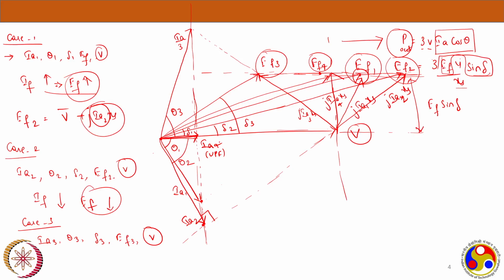This is IA4, which is unity power factor. The bottom IA1 and IA2 have a lagging power factor, and IA3 here has a leading power factor. So for variations in excitation IF, I can see the variations in the armature current. This is exactly what the famous V curves of a synchronous generator explain.